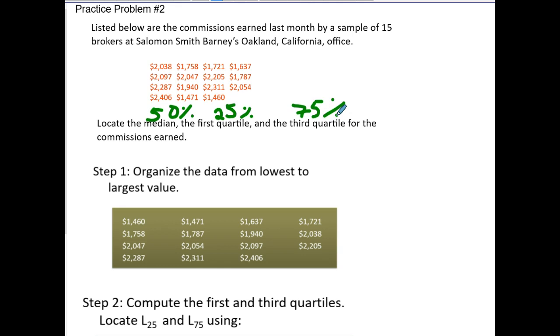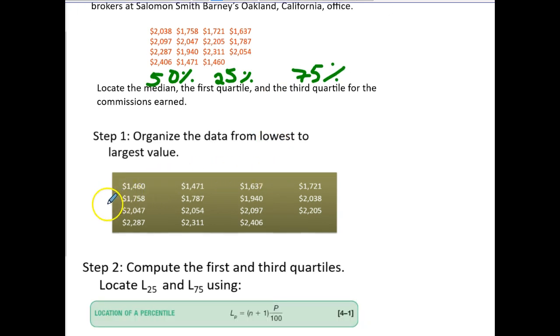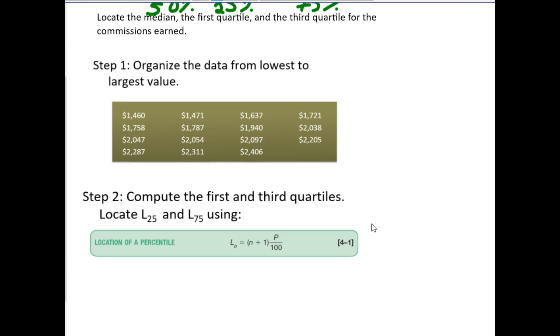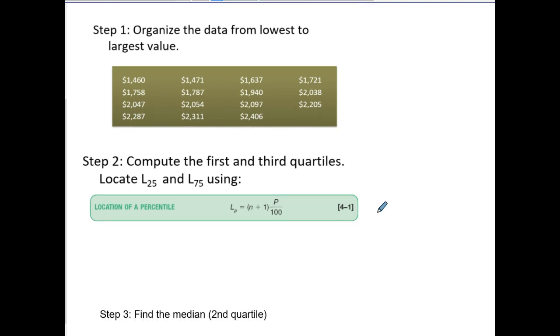So step one is to organize the data from lowest to highest, and we've done that here. And step two, we are going to compute the first and the third quartiles using our location of percentile equation. So let's work our way through these.